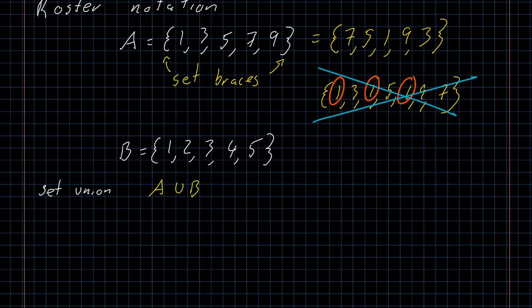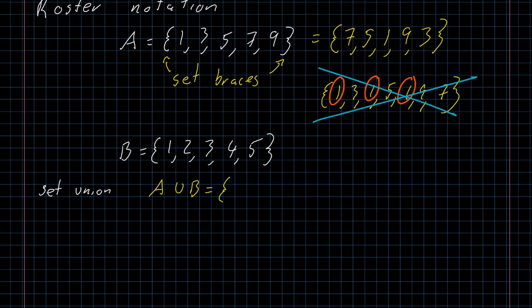The set union of A and B, the symbol is called the cup symbol or the set union symbol. It kind of looks like the letter U. It does not have a tail, but it mostly looks like the letter U. And A union B is the total collective.